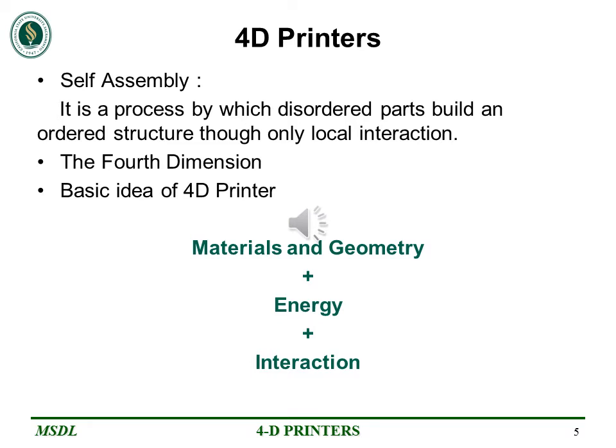And so the object created by the 4D printer is called a self-assembled object. The basic idea behind 4D technology is given here. It uses basically three things: the material and geometry, the energy, and the interaction between them.